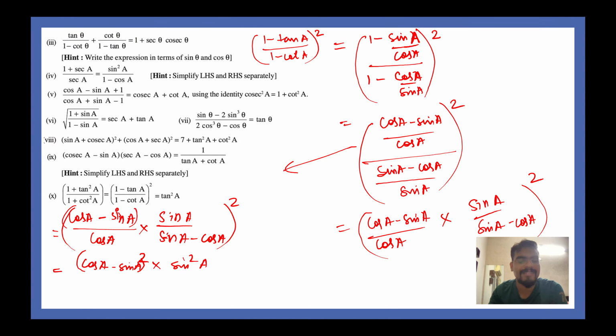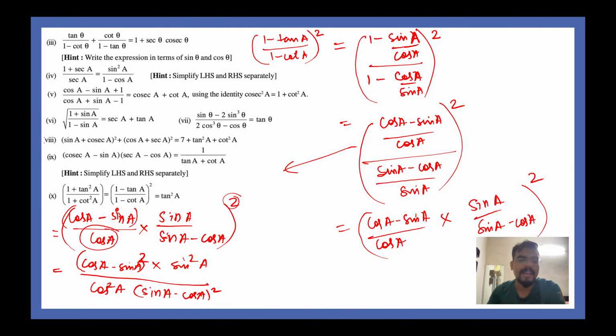I could have taken the minus sign common here, but most students might have gotten confused, so that's why I am not doing that step. So cos A whole square will be cos²A, and (sin A − cos A) whole square will be written here.